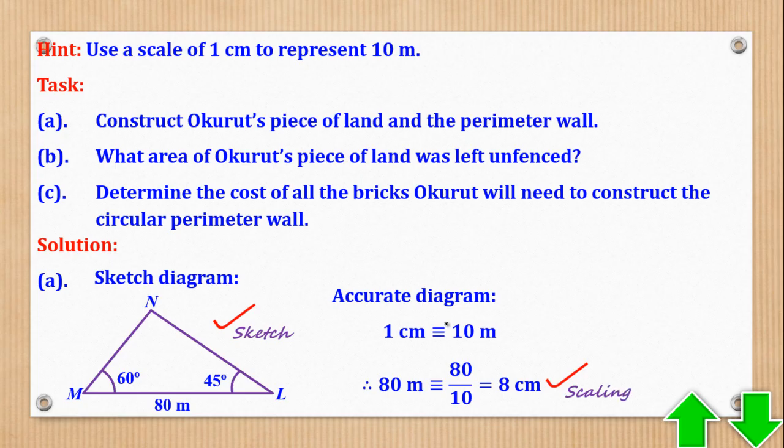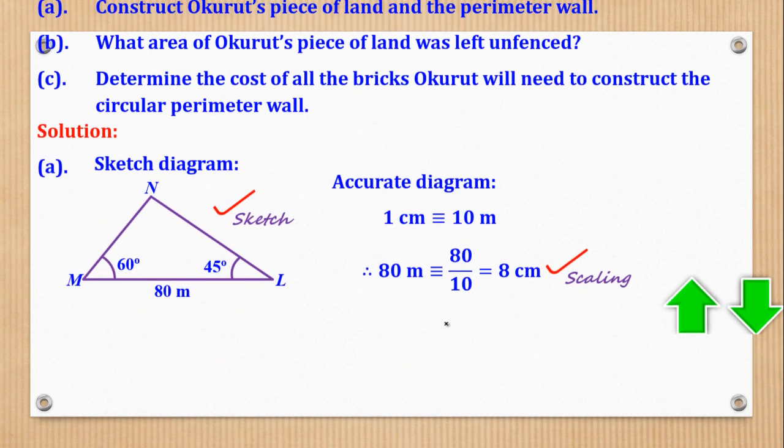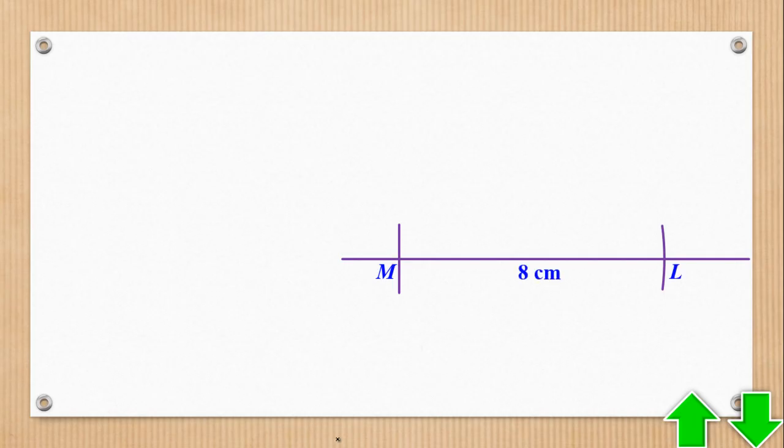So now we can construct that sketch. If you need to follow step by step, first draw a horizontal line and mark off M, the starting point. Then get a compass of radius 8 centimeters and draw that arc. Then you can label it L and 8 centimeters.